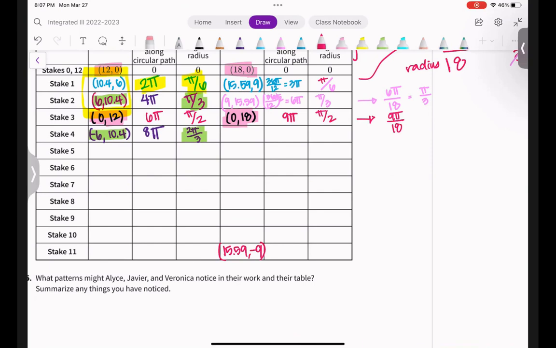Okay, so how many pies would that be? Well, if you count them, it would be 3, 6, 9, 12, 15, 18, 21, 24. Oh, you can't see what I'm counting. Sorry. So this would be 18 pi, right? All the way through. So then that's 21. Wait, I'm not counting right.